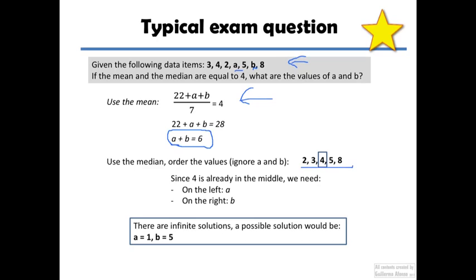Just put them in order. They tell us the median is 4. Well, we need the 4 to stay in the middle. So if we're going to have 4 stay in the middle, it means that A has to be on the left and B has to be on the right. That's all. So any two values, well, there are infinite solutions, but we just pick these two as an example. That will be the solution for this exercise.